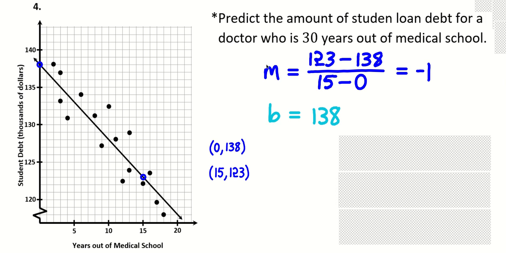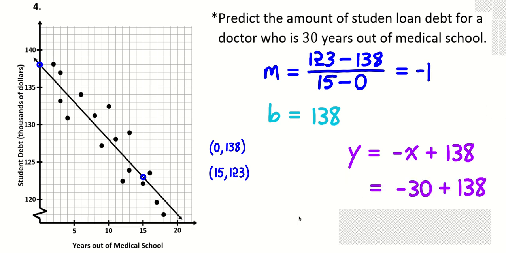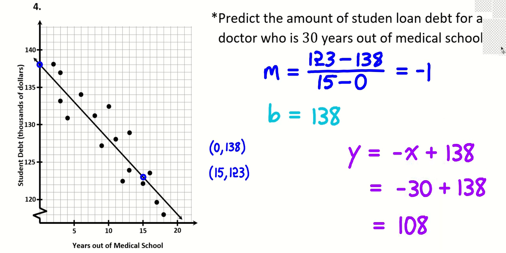So once we have m and b, that's our best case scenario, because there's our equation. y equals negative 1x plus 138, mx plus b. And then we want to make a prediction for 30 years. Well, 30 is essentially an x coordinate, so plug that in. What is negative 30 plus 138?